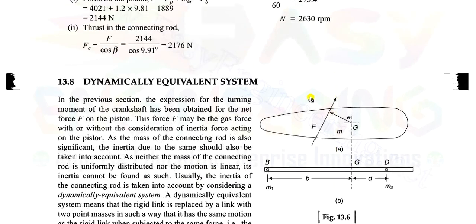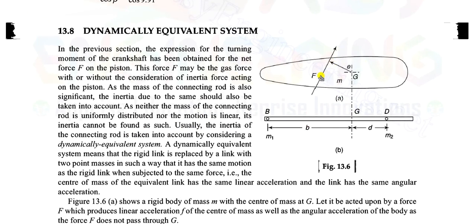The next problem with the connecting rod is that it does not have uniformly distributed mass, as you can see here. So this body does not have uniformly distributed mass. So the dynamically equivalent system comes into the picture, where you have to calculate the inertia force of a body which does not have uniformly distributed mass.